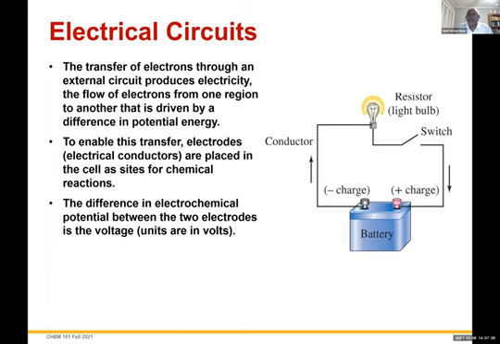Different redox reactions have different potentials. Therefore, the specific voltage produced by a battery depends on the chemicals used in the redox reaction. They are measured in volts, electrical potential.